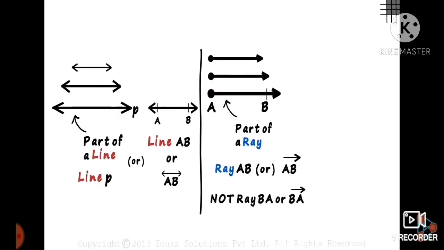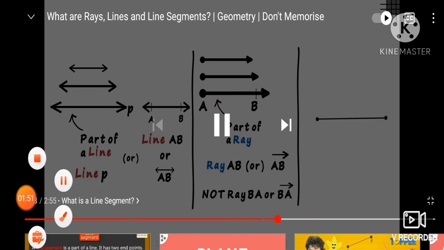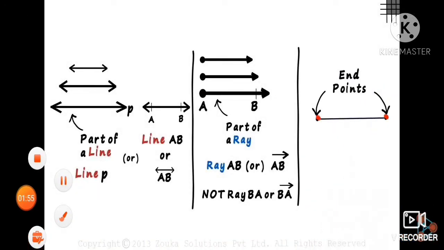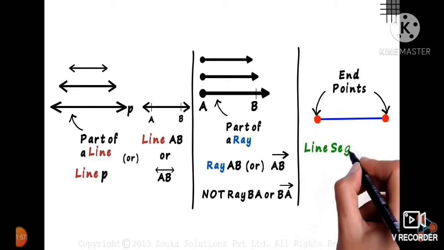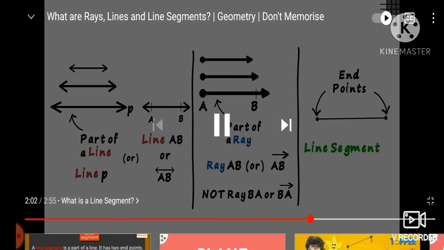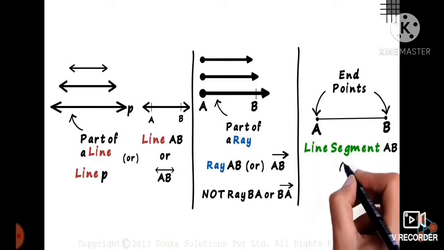The next concept is the line segment. What is a line segment? A line segment has two endpoints. It is a part of the line. When we take two points and join them using a scale, we get a line segment.